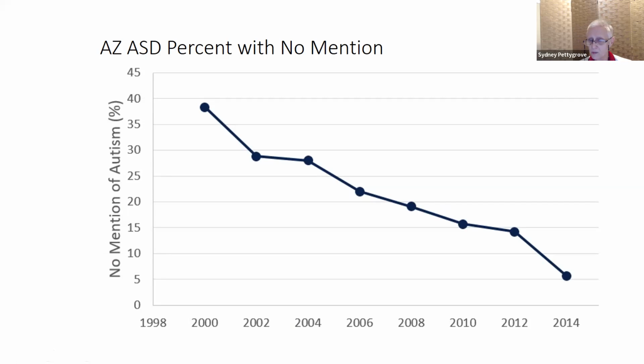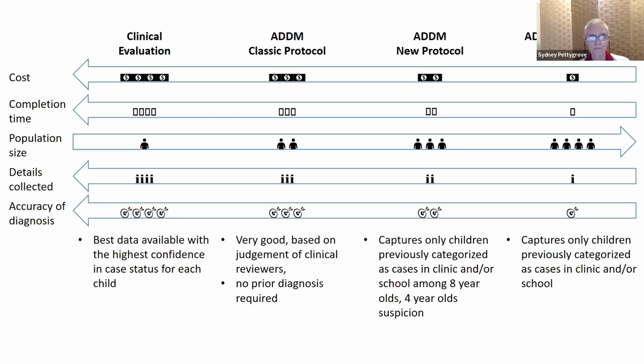I have other graphs where I look at the other sites. We started the highest, and so partly because of that, it's our drop-off that is most dramatic across the system. In general, though, most of the different sites have this kind of downward trend in the proportion that had no mention of autism.